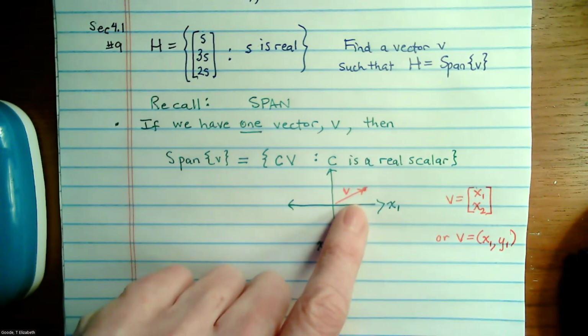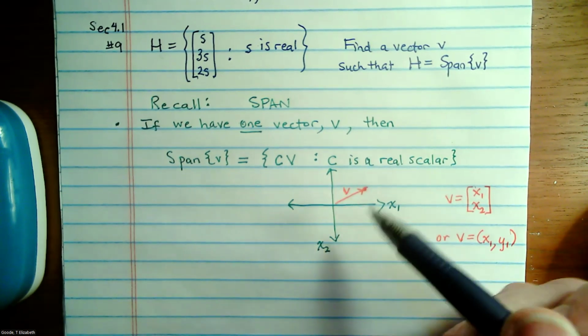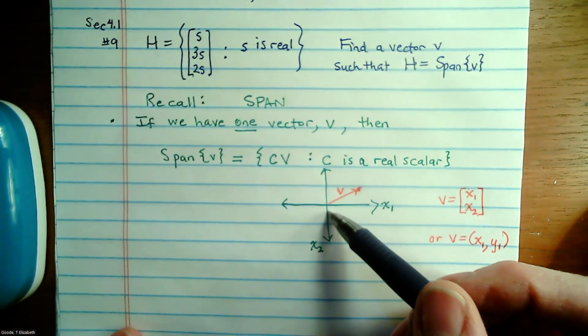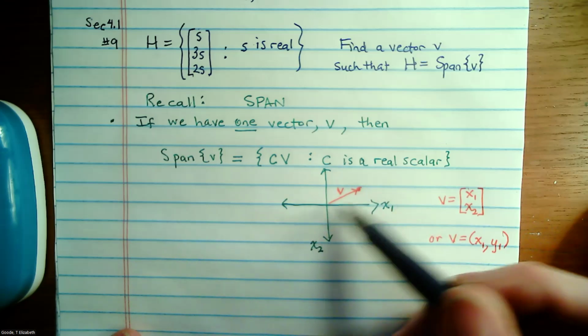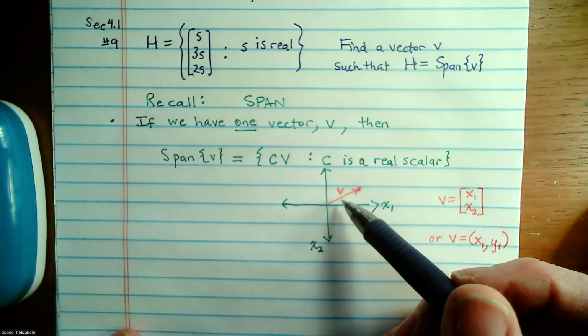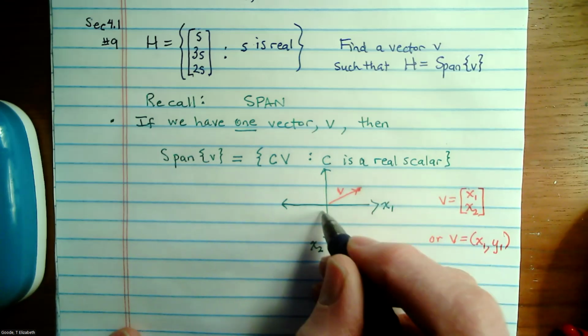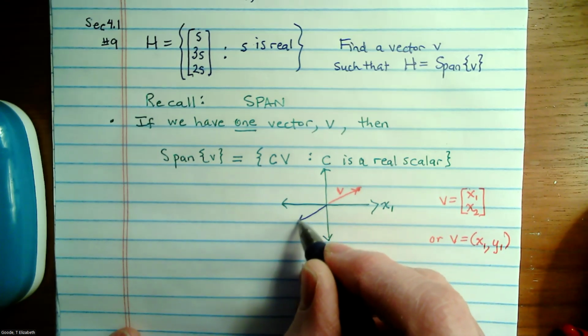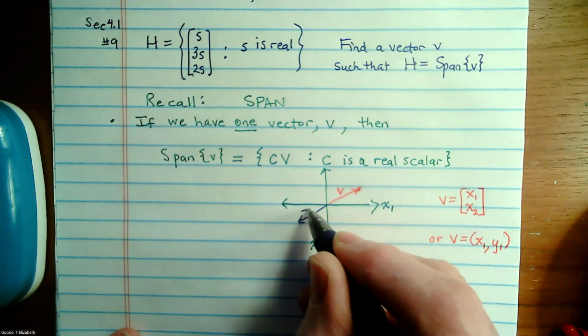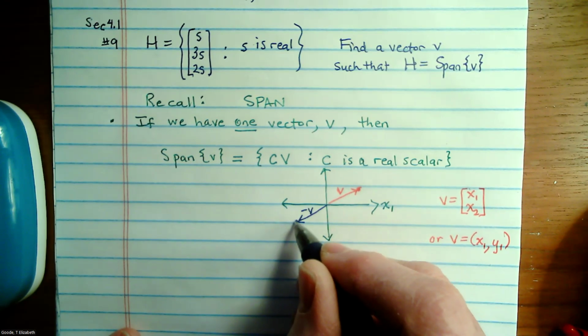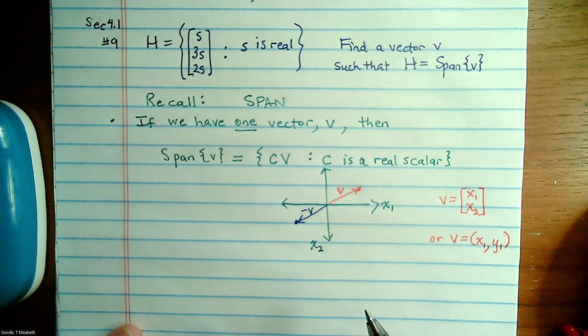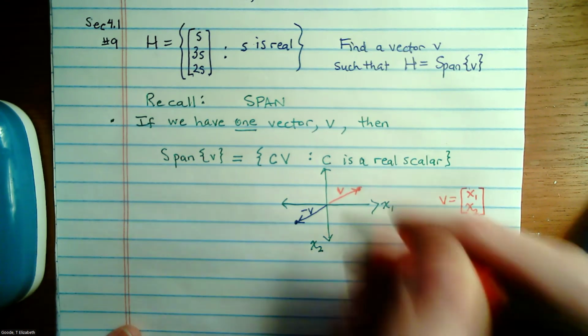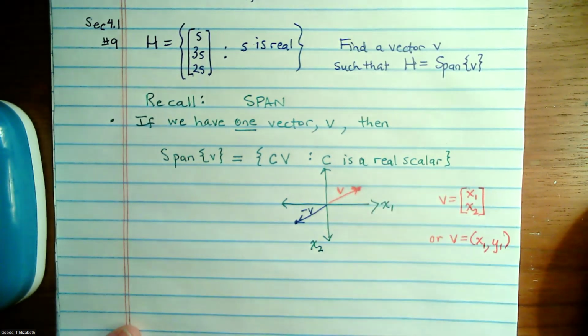Now, the span of V is literally all the ways we can multiply V times a number. For example, look at minus V. Minus V is on the same line as V. It's the same length as V. It just goes in the other direction. Does that make sense? Well, where would 2V be?